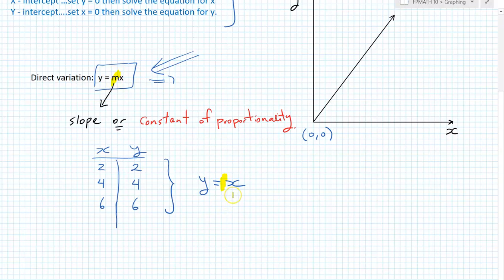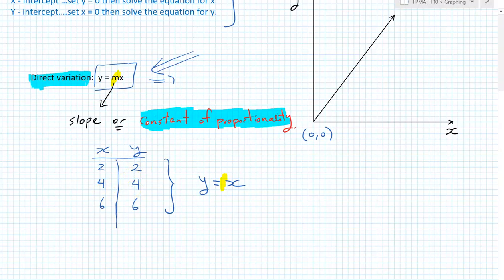Now in terms of the direct variation concept, we don't call that a slope anymore. It's just a different terminology. It means the same thing. We call that the constant of proportionality. That means how they are related to each other. In this case it is 1 to 1. So x is 2, y is 2, x is 4, y is 4.